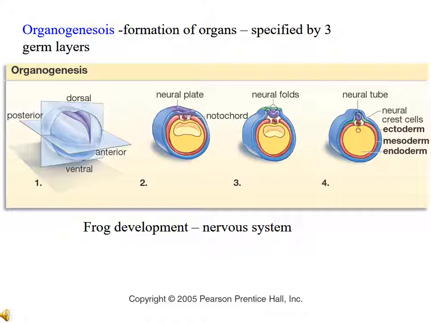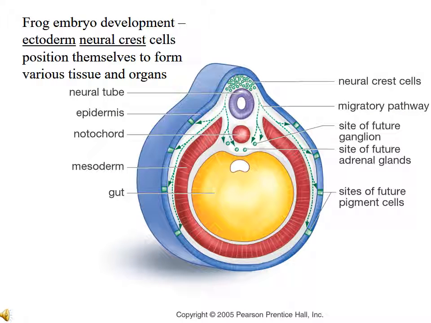If you look carefully to the right, you'll see that we have three tissues: ectoderm, mesoderm, and endoderm, and we're going to be looking at how the ectoderm evolves into certain neurological structures. This is essentially the same material, and we're looking at frog embryo development.